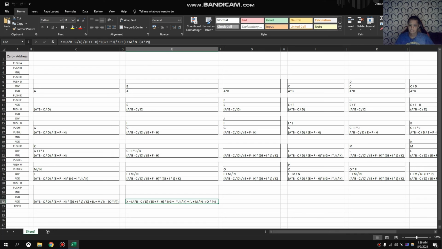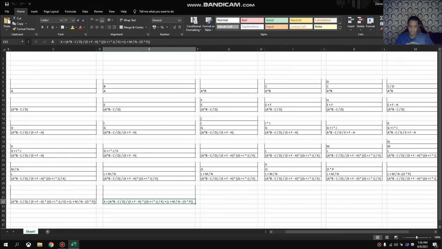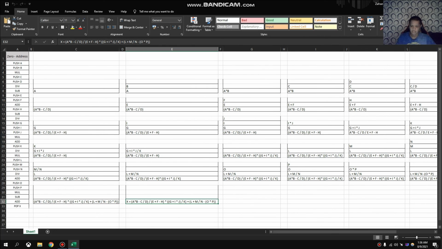So this is X, we have to pop X. Then this will be our final answer, which is bracket A multiply B minus C divide D, close bracket, and divide open bracket E plus F minus H, close bracket, multiply and open bracket G plus I multiply J and divide with K. Okay, we close the bracket with plus, with the L plus M divide N minus bracket O multiply P, and then we close the bracket.